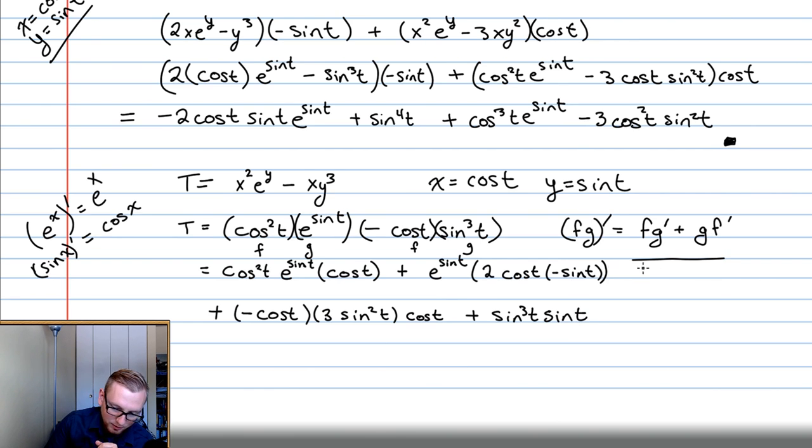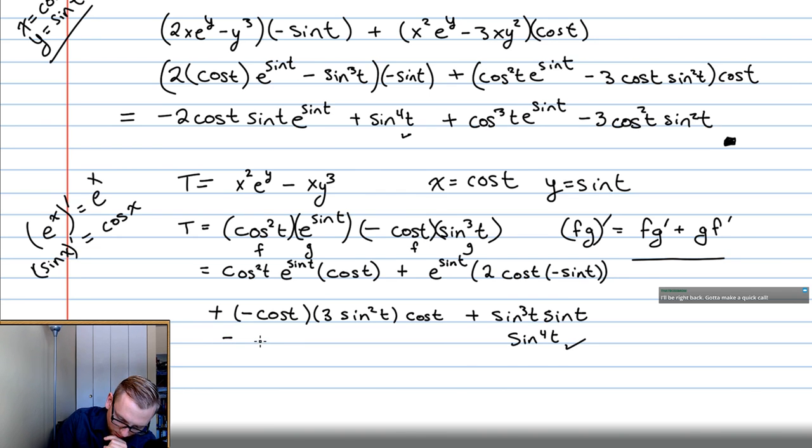And now if we simplify, this is our sine to the 4th. This one right in here will give us minus cos squared t sine squared t.